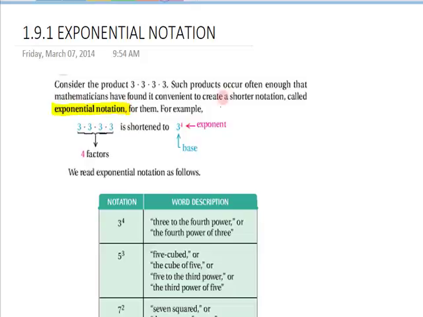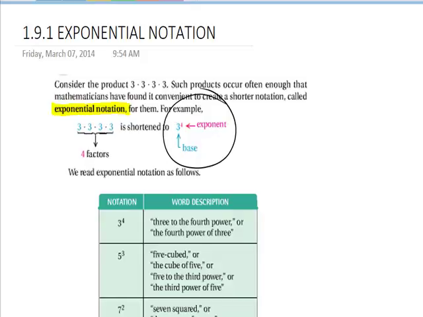And in this exponential notation, we say 3, which is called the base, is used as a factor 4 times. And the little 4, which is written above, is a superscript, and it is called the exponent.